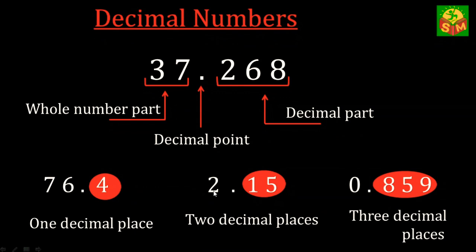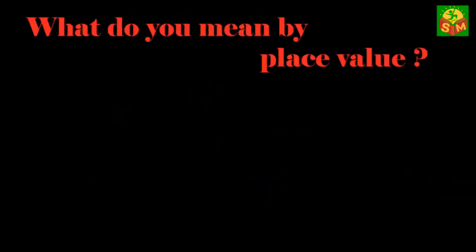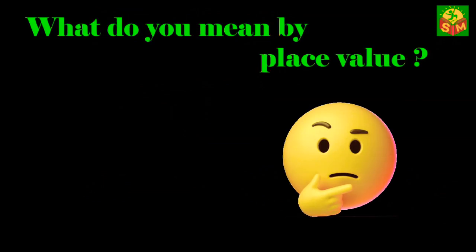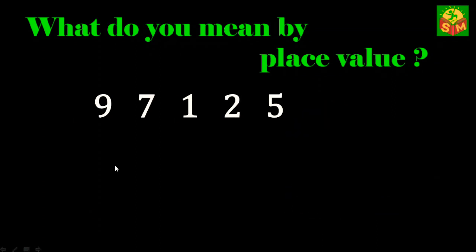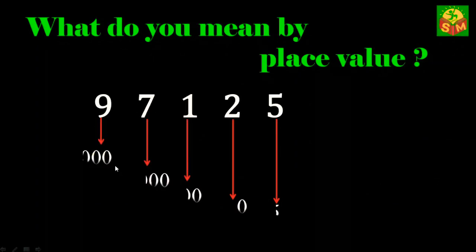To understand more about decimals, we must know about the place value. What do you mean by place value? In every number, each digit you see has a place value, and that depends entirely on where the digit is placed.